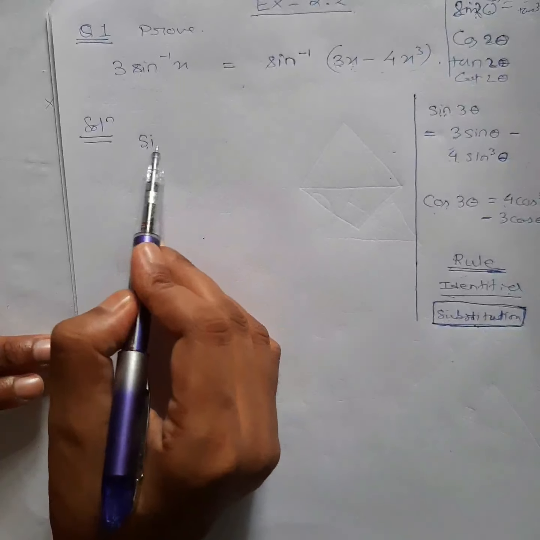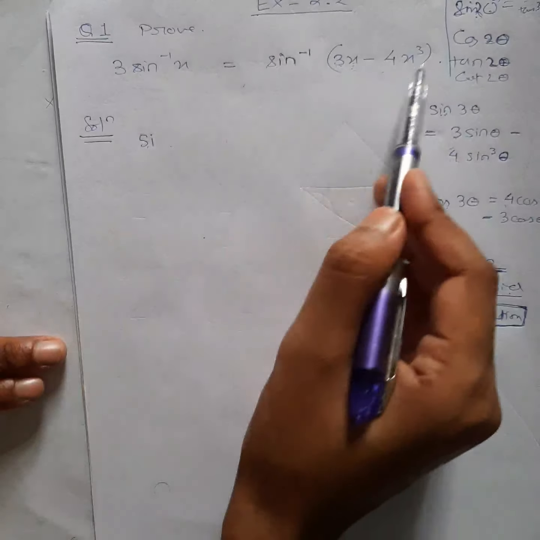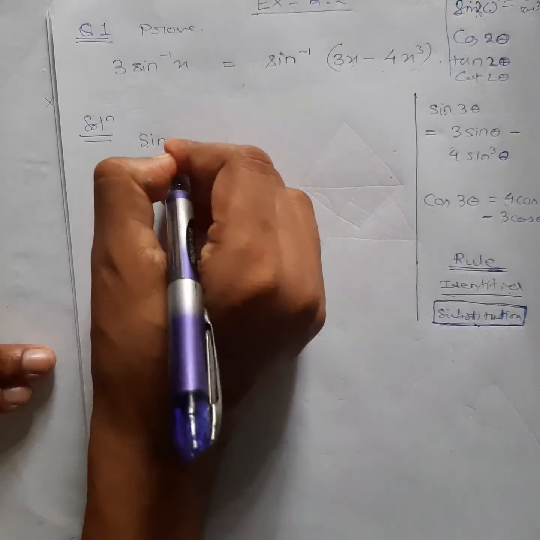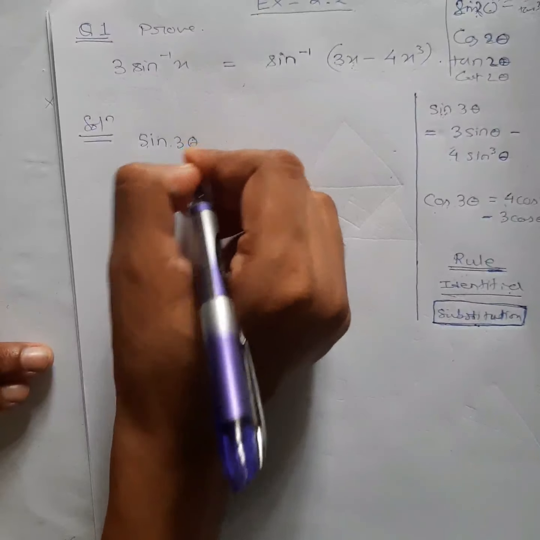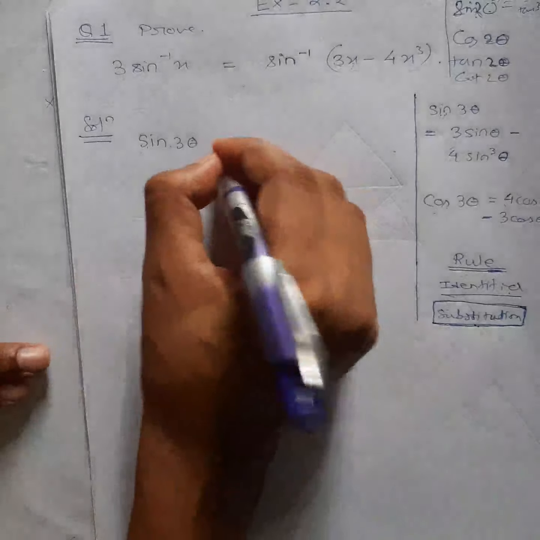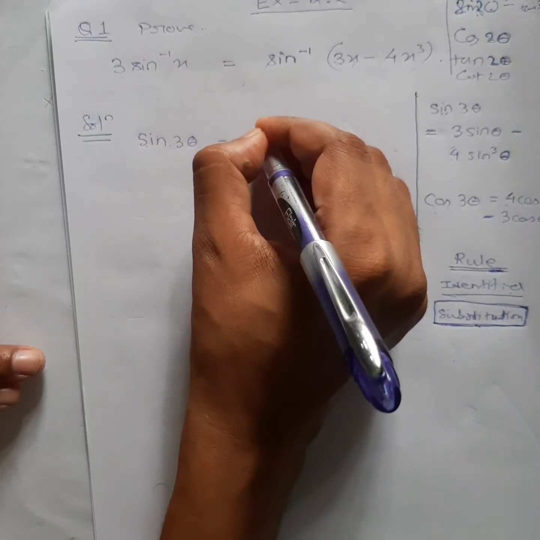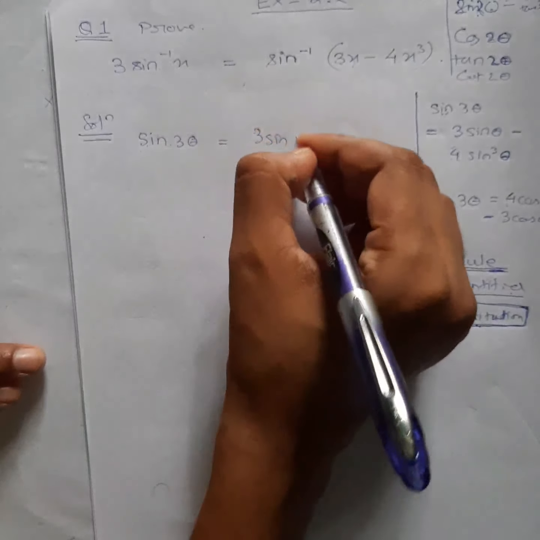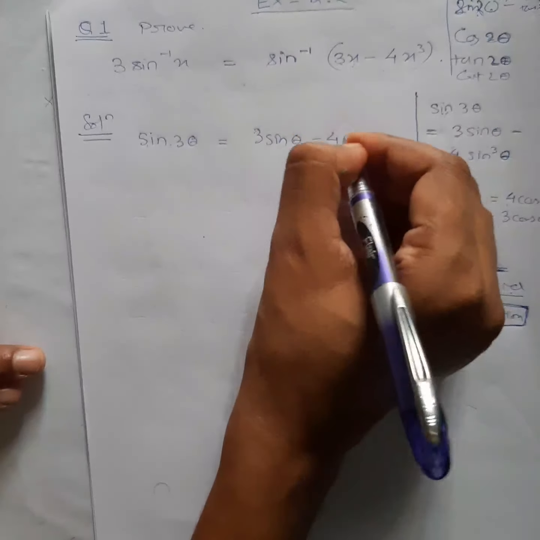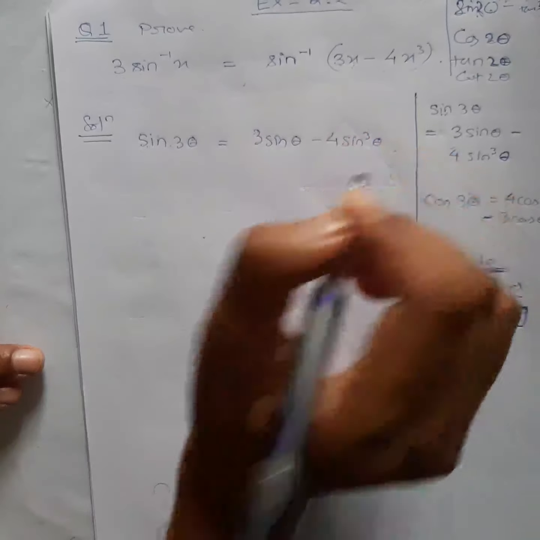Now how do I know that I have to use this formula? Just by looking at the question, I knew that I have to use sine 3 theta. The formula was 3 sine theta minus 4 sine cube theta.